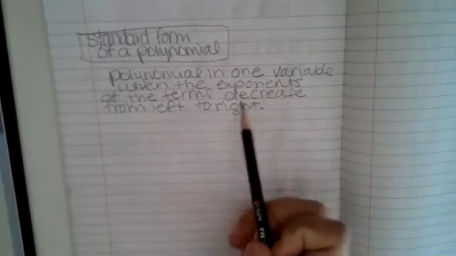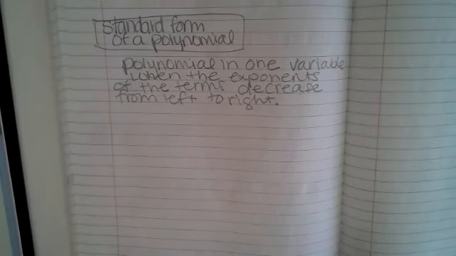So we are looking for the exponents to be decreasing, and we read from left to right, so they need to be decreasing from left to right. That's how we know that it's in standard form.